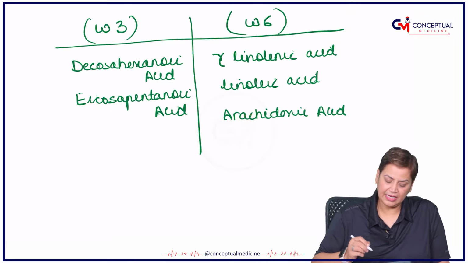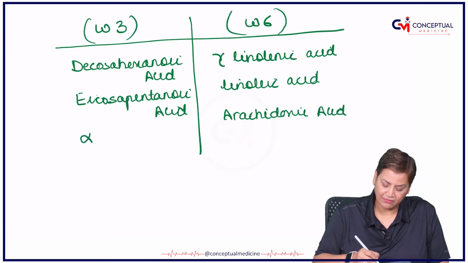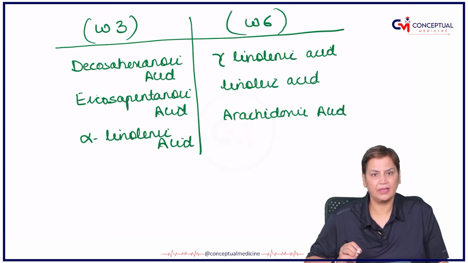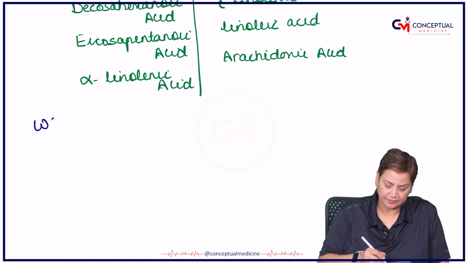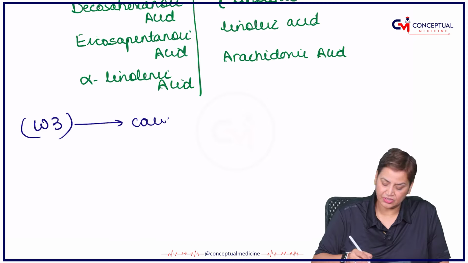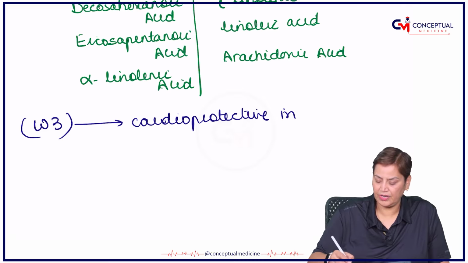And here if we talk about omega 3, docosahexaenoic, eicosapentaenoic and alpha linolenic acid will come. And always remember, omega 3 is considered to be cardioprotective in action. In nature, very important.